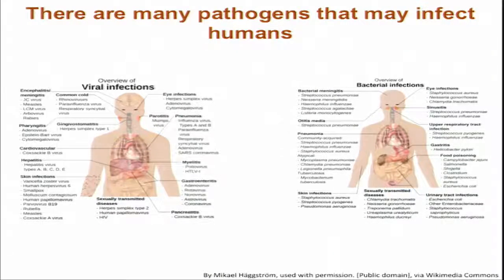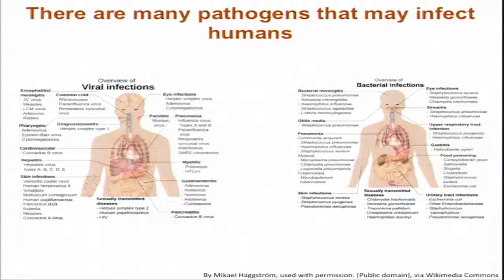As you may know, there are many different pathogens that can infect humans. These are from viruses, from bacteria. Ron also mentioned fungal. For example, the flu and herpes are viral infections, and then you can get tuberculosis or pneumonia from bacteria.